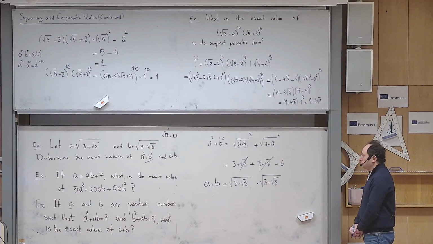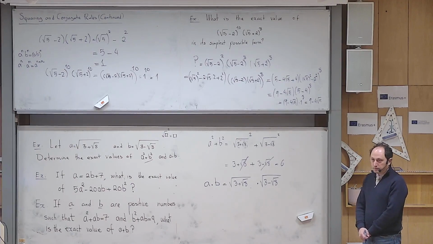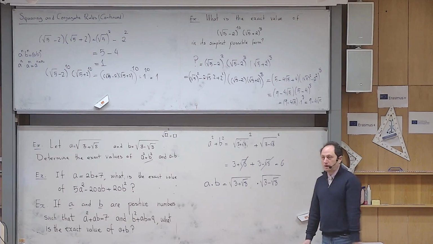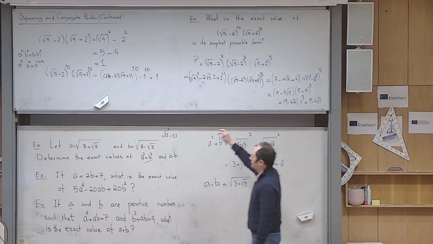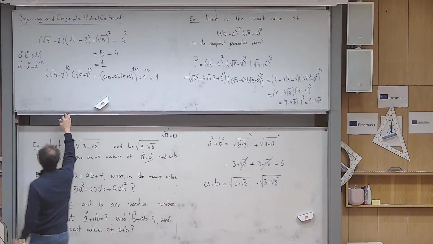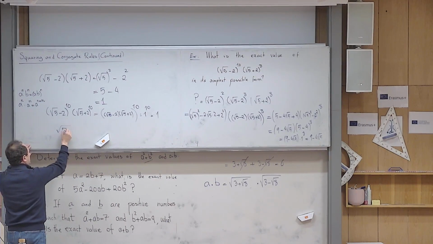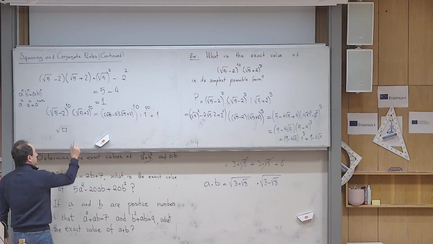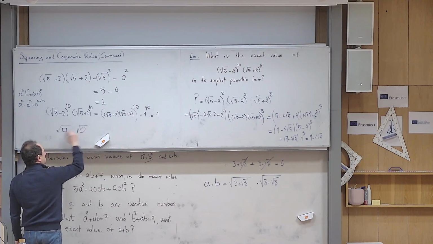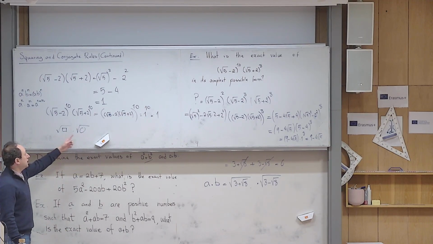Okay, now this is a Math 2C problem, but you need to remember something from Math 1C. What is that thing? We have some rules for multiplying square roots. If I have a square root of something, whatever it is, I don't care, multiply it by square root of something else. Do you remember what we had in Math 1C?